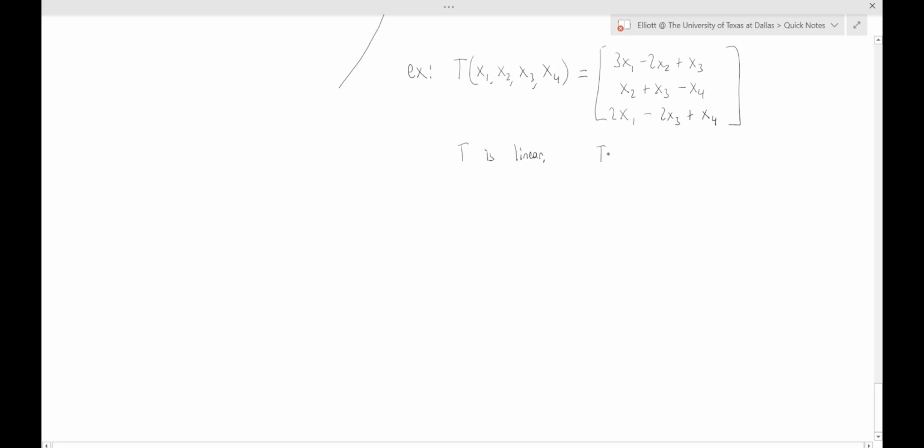It's not super important, but the signature would be R4 to R3 in this case, because there's 4 inputs and 3 components to the output.